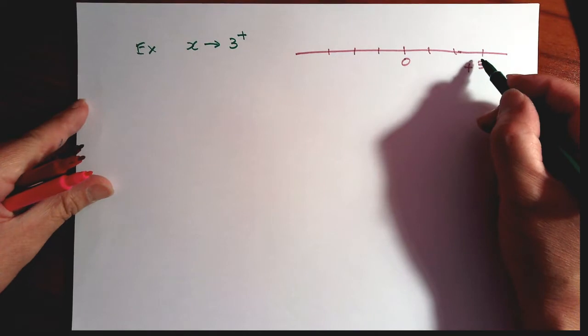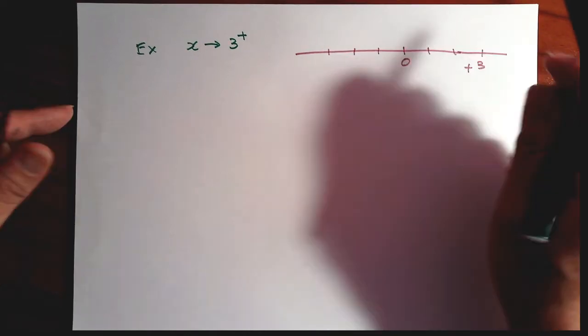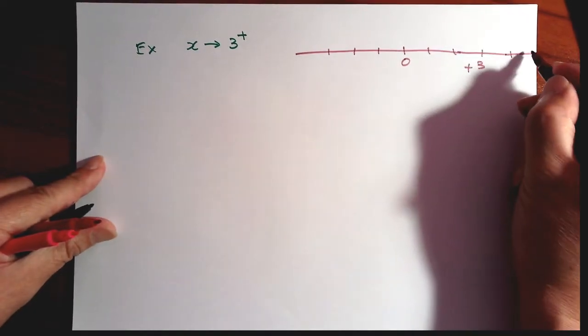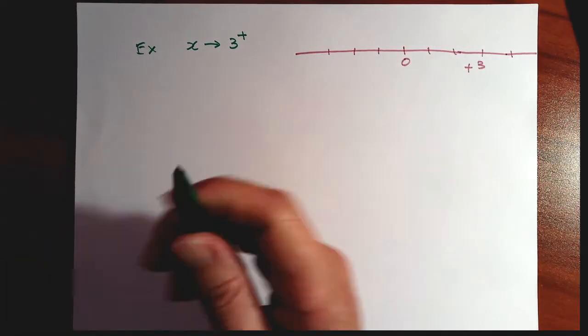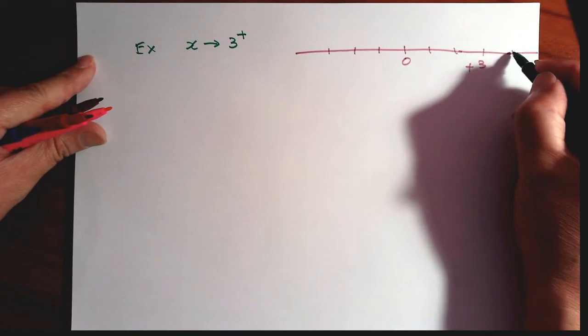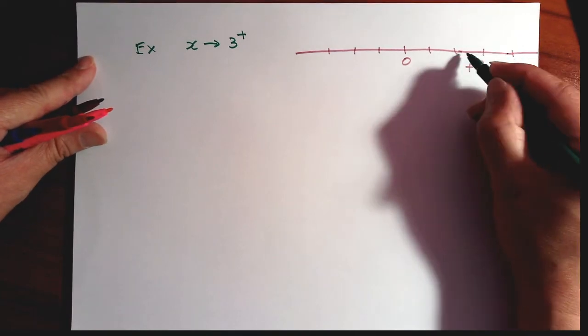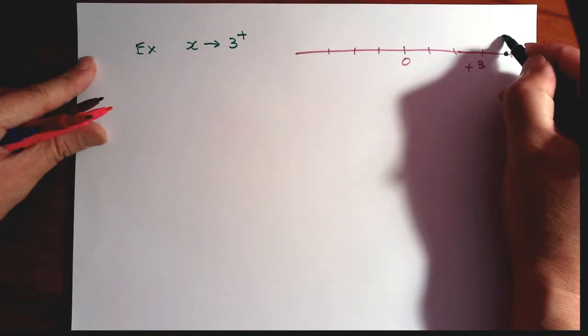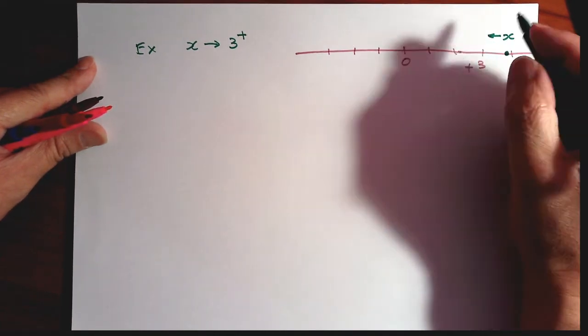X would be approaching 3 from the positive side, which means x would be here and coming in towards 3 until it reaches 3.